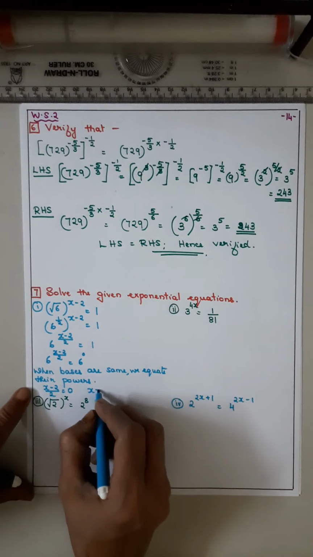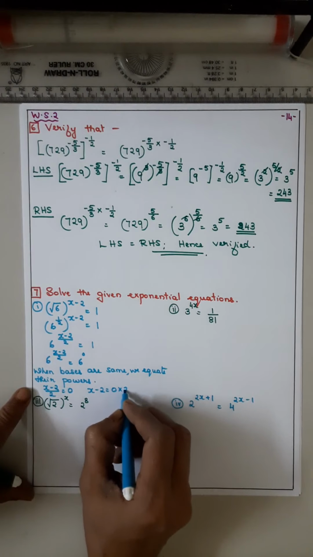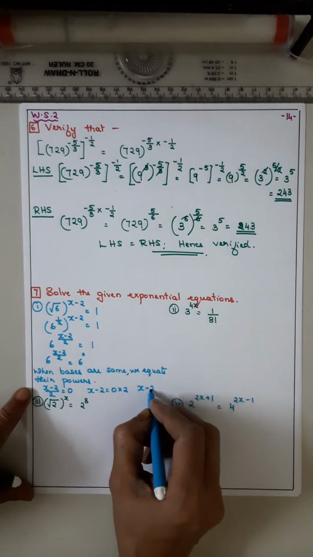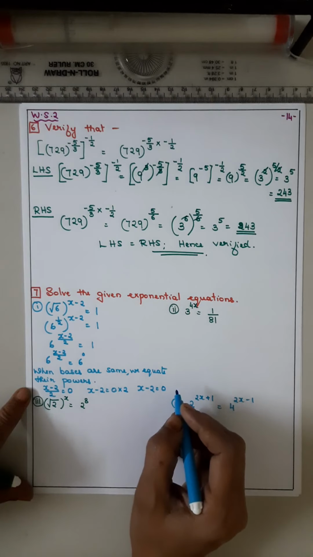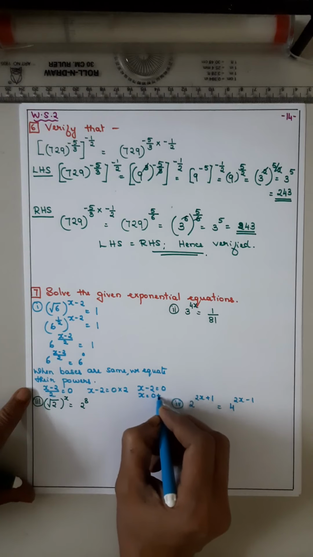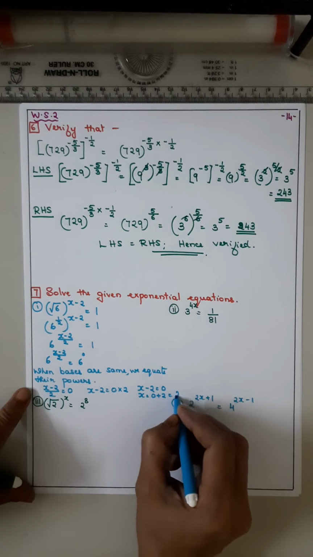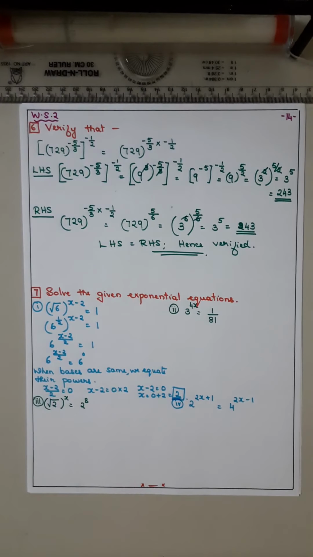So x minus 2 is equal to 0 into 2. That is x minus 2 is equal to 0. So x is equal to 0 plus 2. That is why it is 2. X is equal to 2.